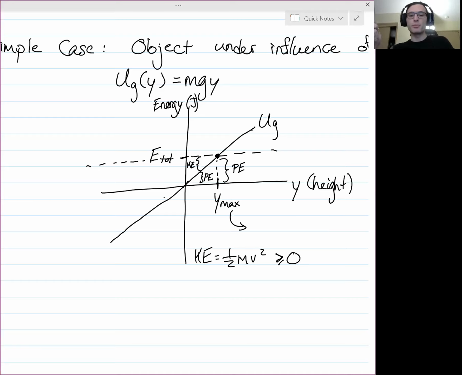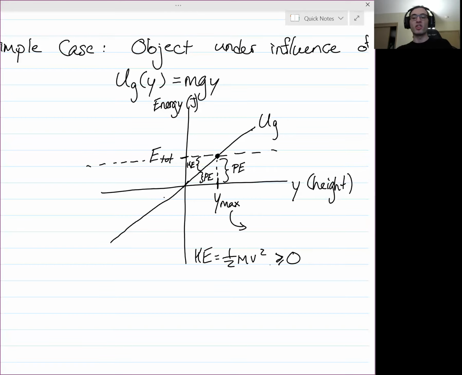It's not that there's a maximum, well, I mean, okay, there is a maximum potential energy. The point is the total energy that we have, that's our entire energy budget. And so you're allowed to exchange kinetic energy for potential energy as much as you want, as long as the kinetic energy never becomes negative, because by definition, you can't have negative kinetic energy. So the maximum value of potential energy is when the kinetic energy is 0.